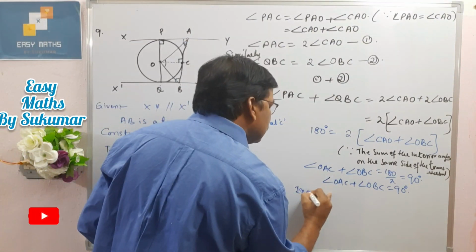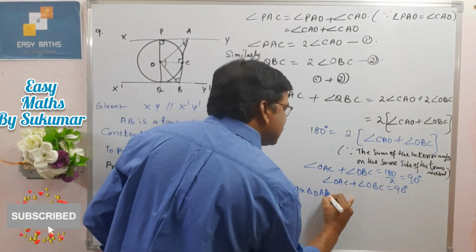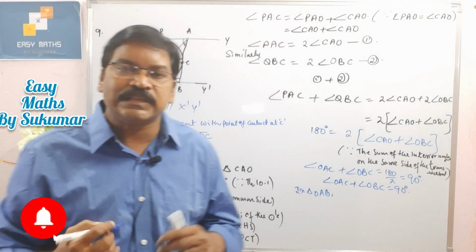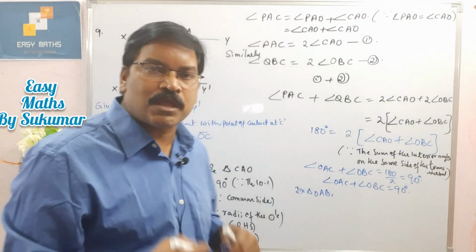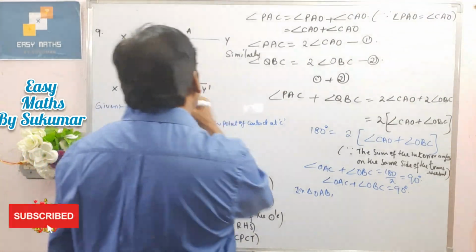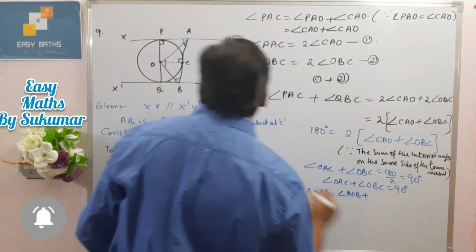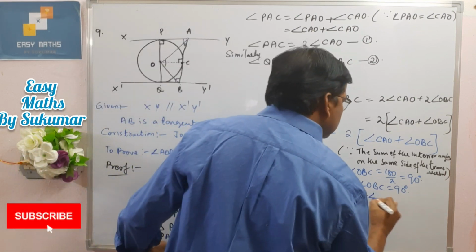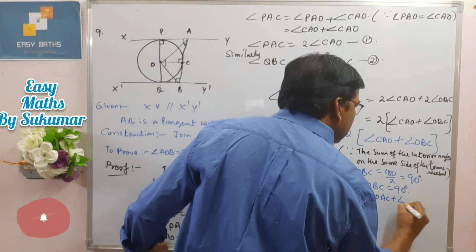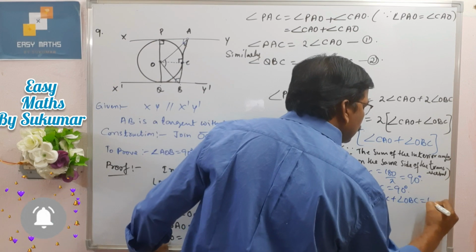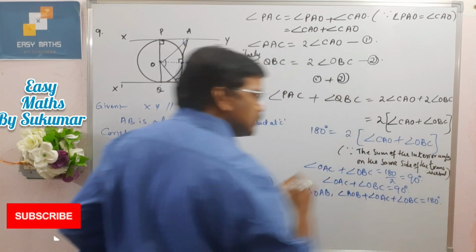In triangle OAB, the sum of the three interior angles of a triangle is 180 degrees. That means angle AOB plus angle OAC plus angle OBC is equal to 180 degrees.